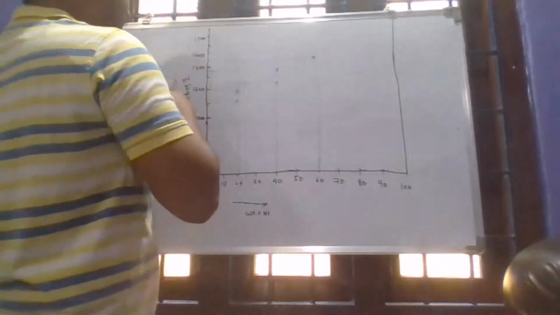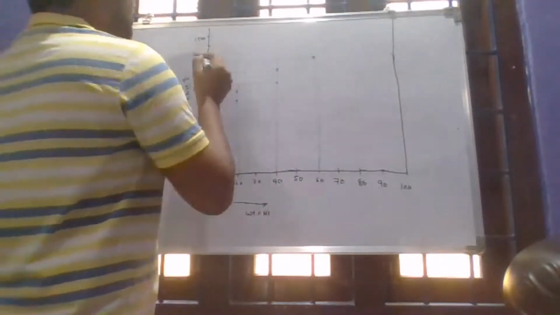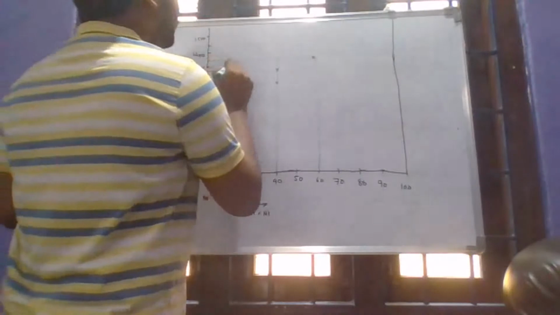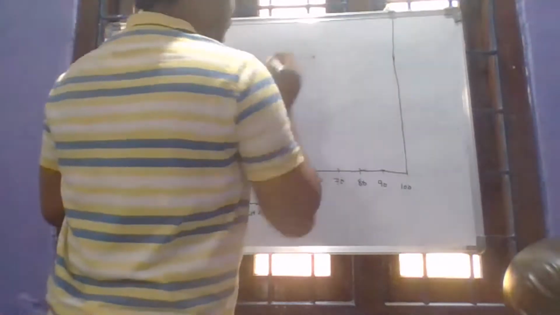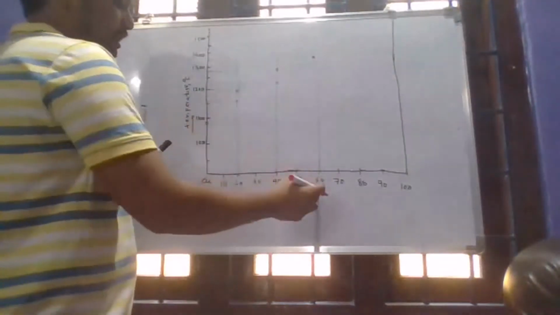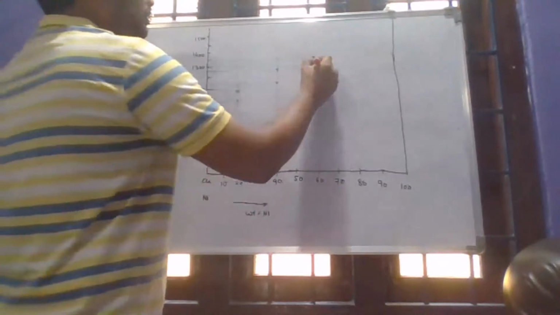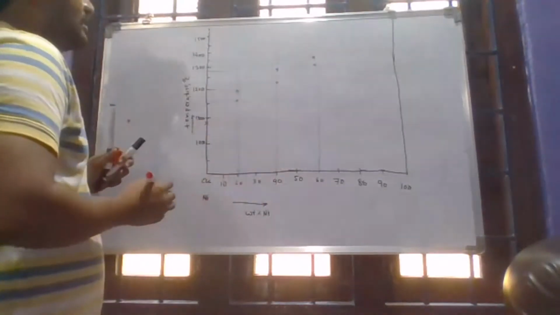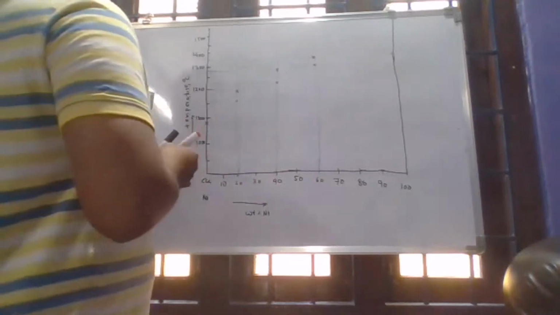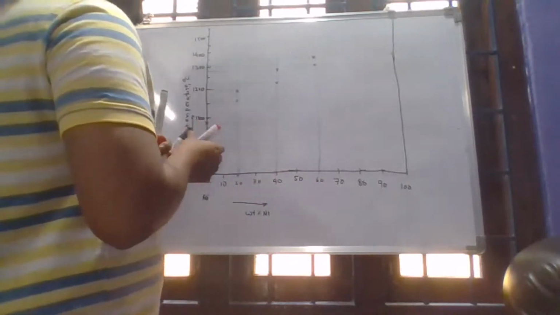So just above 1300 degrees centigrade, I can mark exactly on 60% weight percent nickel the solidus temperature.